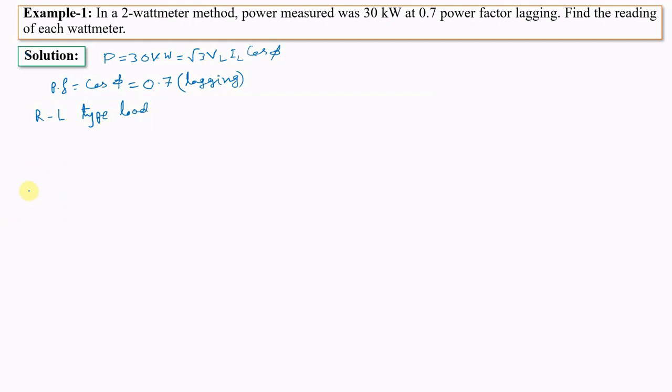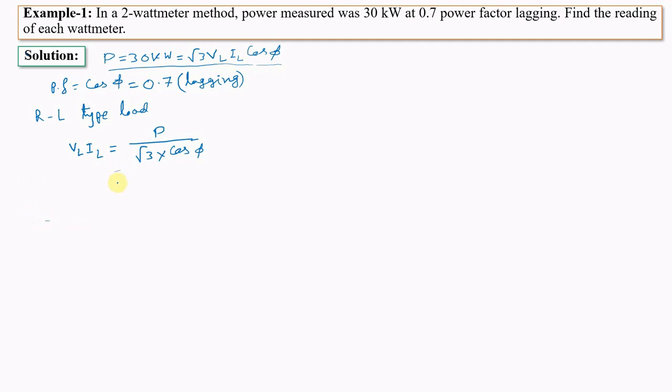From the power relation, we can write VL IL is equal to P upon root 3 into cos phi, which we have obtained from this relation. The active power in a three-phase circuit is root 3 VL IL cos phi. So VL IL can be written as P upon root 3 into cos phi.